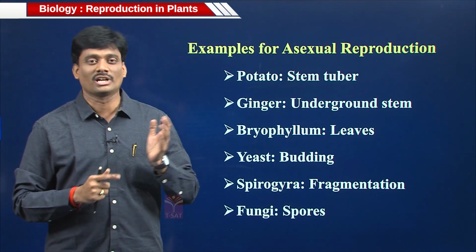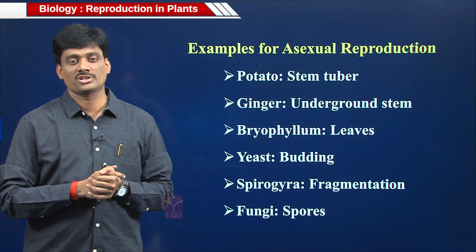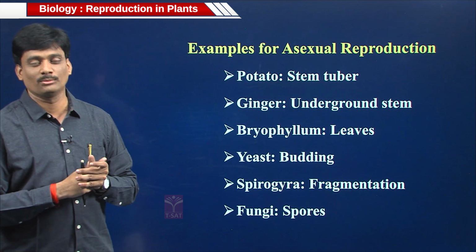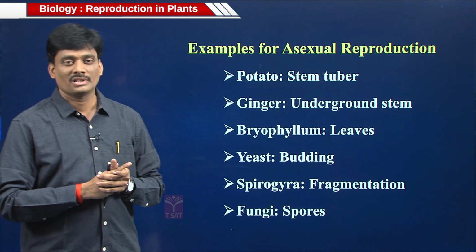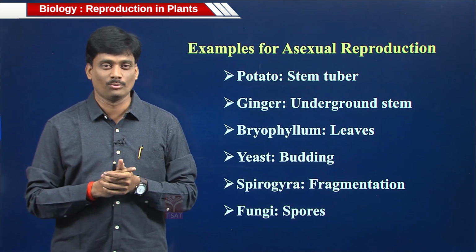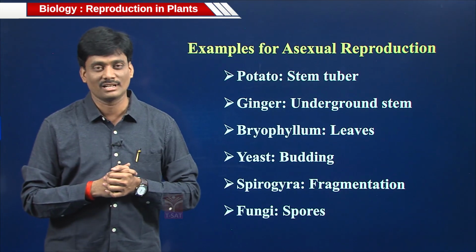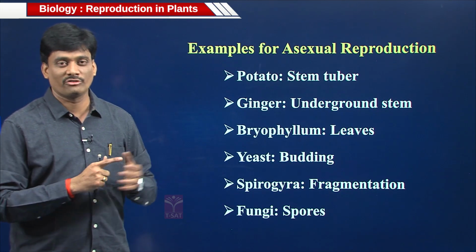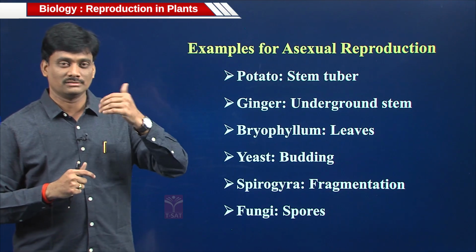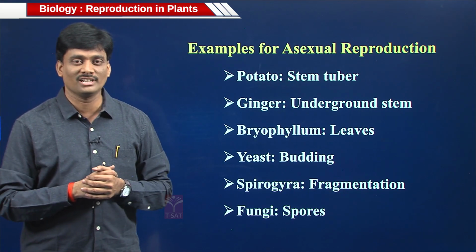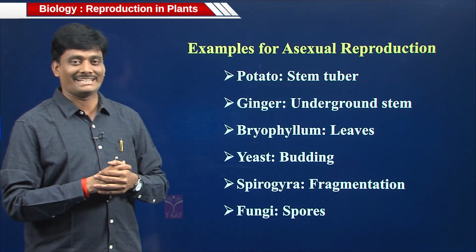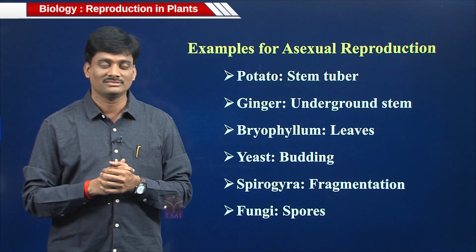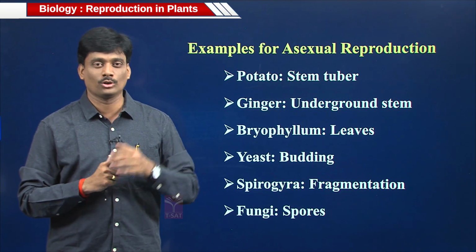Here you can see vegetative propagation. Under vegetative propagation, we see potato, which is a stem tuber, and next we have ginger, an underground stem, and next bryophyllum. Through the leaves, new plants are produced. Next, yeast, by a process called budding, produces new yeast.